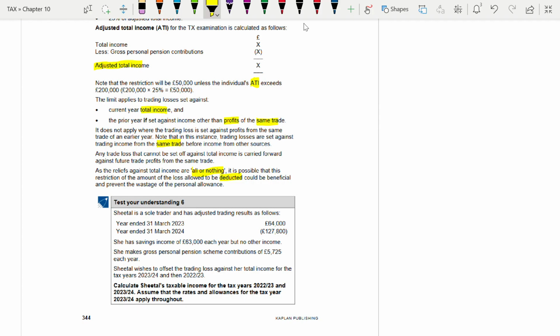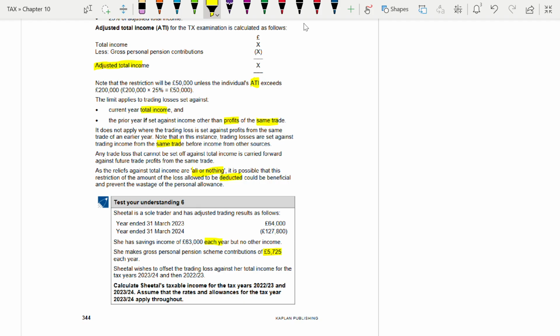She has savings income of 63,000 each year, but no other income. She makes a pension contribution of 5,725 each year. Is it right? Pension contribution 5,725 each year.